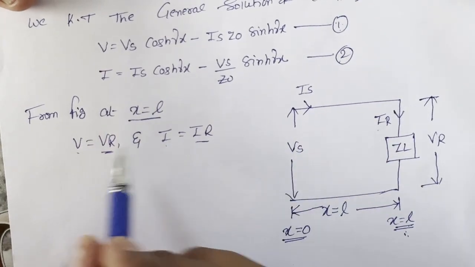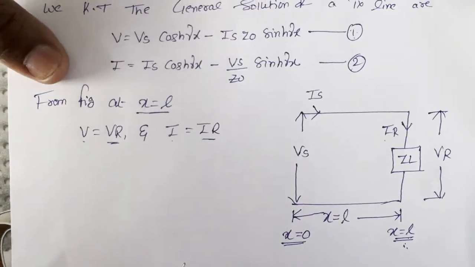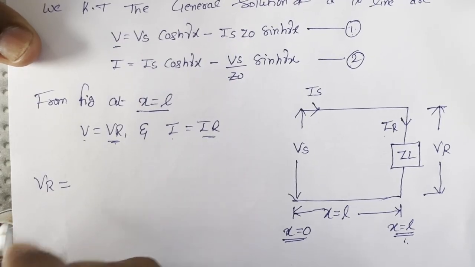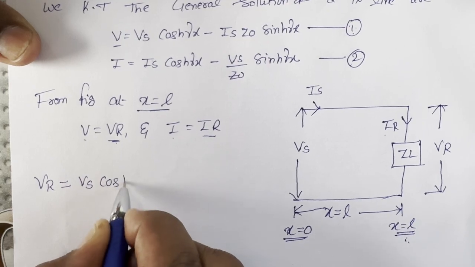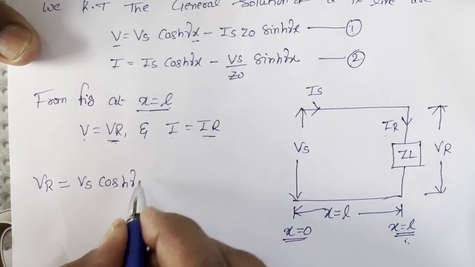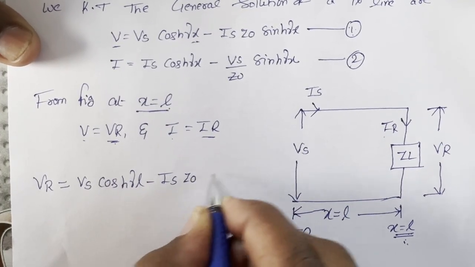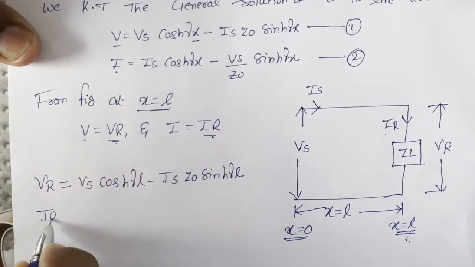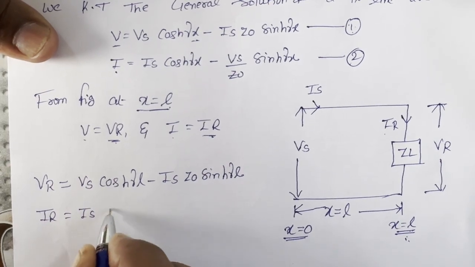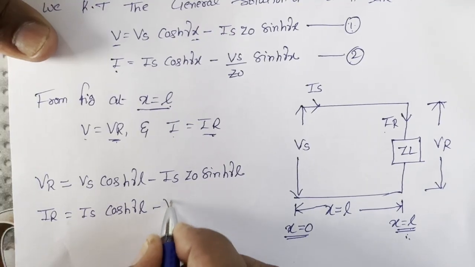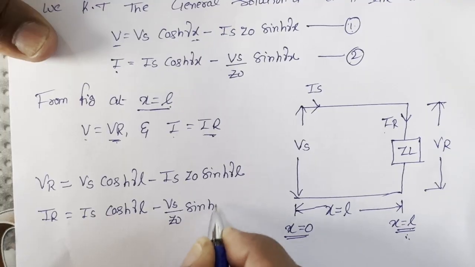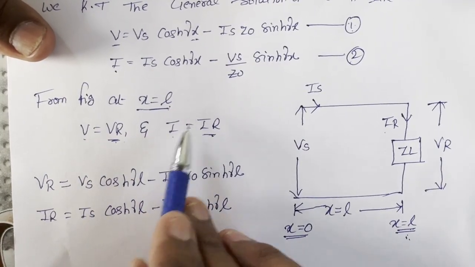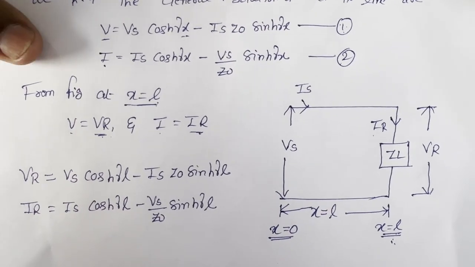By substituting, V is nothing but Vr, equal to Vs cosh gamma L minus Is Z naught sinh gamma L, and I is nothing but IR, equal to Is cosh gamma L minus Vs by Z naught sinh gamma L. So I have substituted x equal to L, V equal to Vr and I equal to IR.